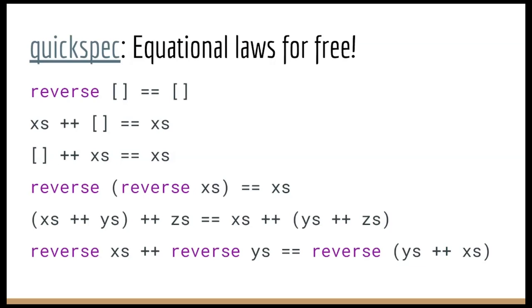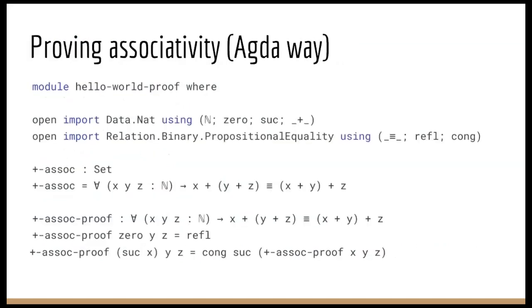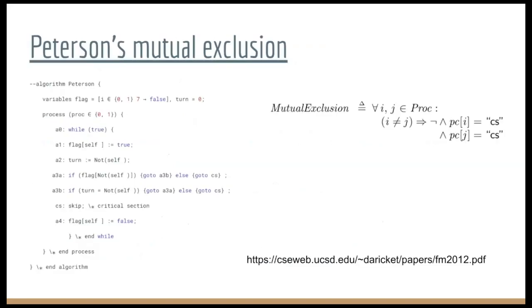Unfortunately, those are obviously just heuristics, so they cannot prove that those laws are true, but they are still very useful to guess them, and then you can use either your judgment or better automatic tools like Agda to prove those properties. And this is, for example, how a proof of associativity looks in Agda. You can also use something like TLA+ to prove maybe more complex properties in parallel or distributed settings.